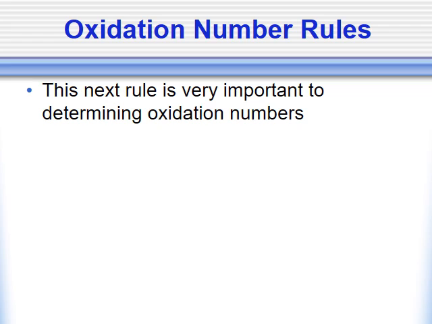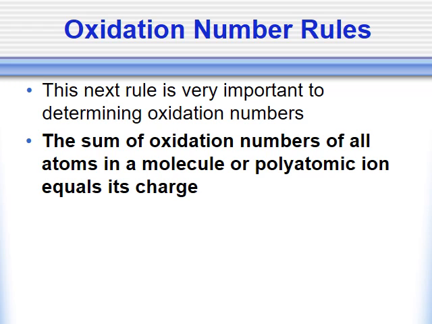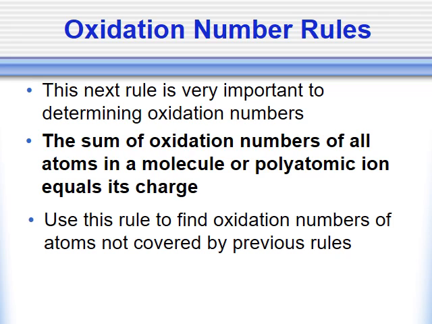Okay, this next rule is very important, because the previous rules only cover a few of the atoms. The sum of the oxidation numbers of all atoms in a molecule or a polyatomic ion equal its charge. So use this rule to find oxidation numbers of the atoms not covered by the previous rules.